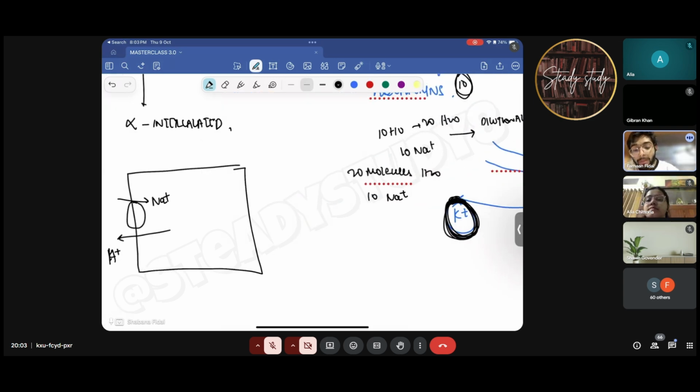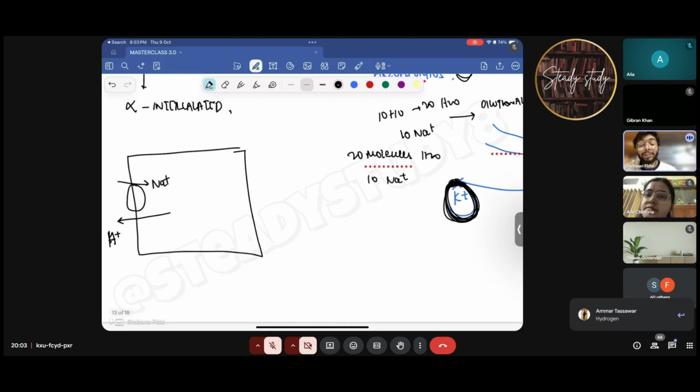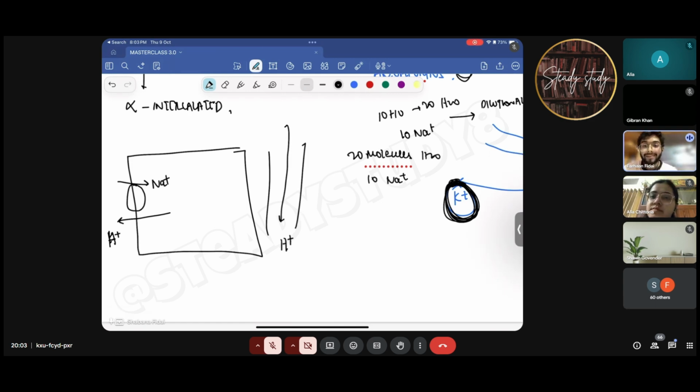It pushes out H plus instead of K plus. So when I'm pushing H plus into the lumen, in the urine I'm losing H plus, which should not have happened because I want to protect H plus, but I'm giving away H plus. This is why this is called paradoxical aciduria. What it means is aciduria should not be happening, but it is happening because of certain mechanisms. So this is what is paradoxical aciduria.